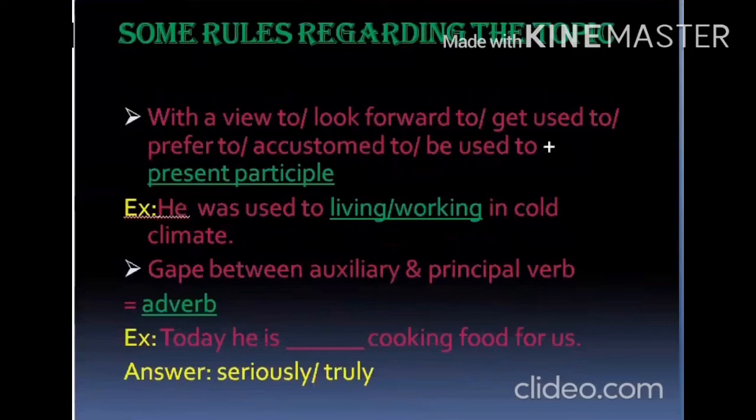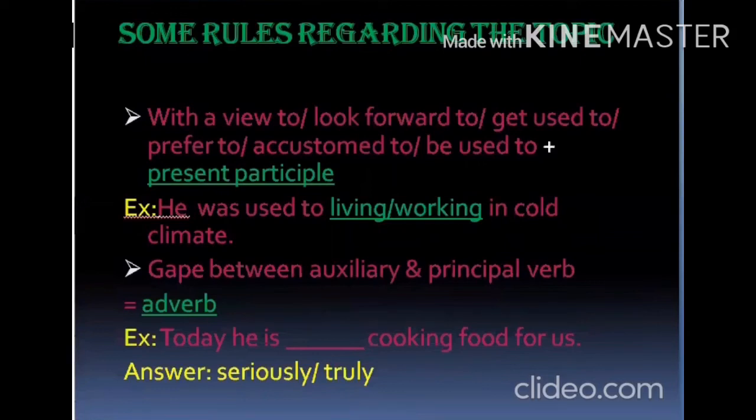My next rules are here. I have written: with a view to, look forward to, get used to, prefer to, accustomed to, be used to. Remember, after these phrases, write the present participle to complete the gap. He was used to blank in cold climate.